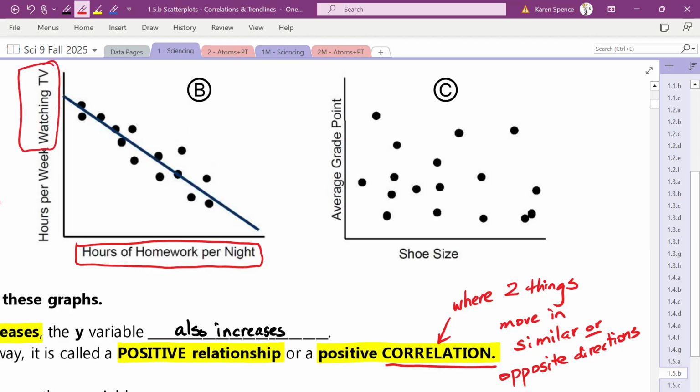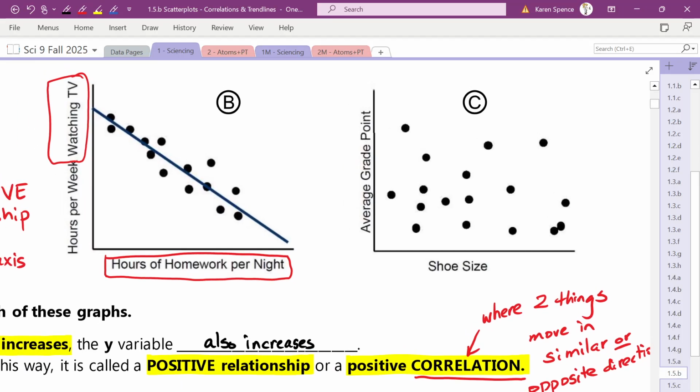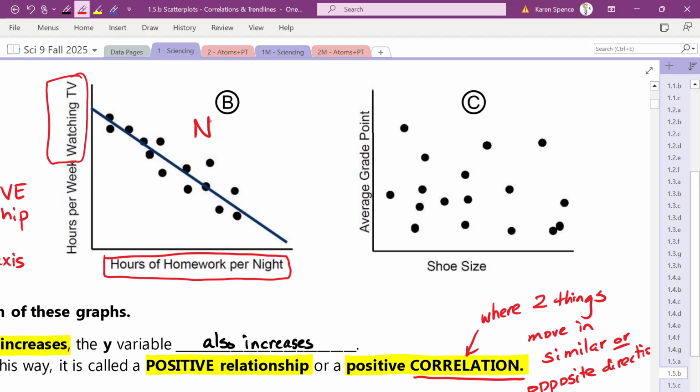So what kind of correlation do you think this is? It's not a positive correlation, it's a negative correlation. What's another word we could use for correlation? Relationship.